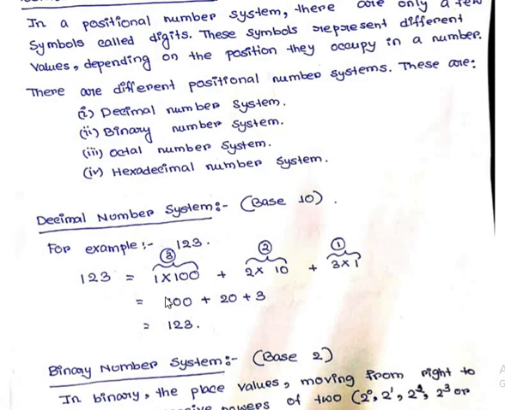Let me discuss once again: I will take the number, separate each digit, write them separately, and multiply each digit with 10, and the power of 10 will increase from 0 to n from the right-hand side towards the left-hand side, as we have done over here.